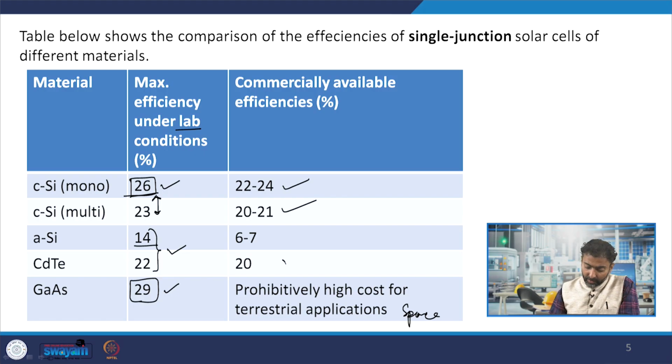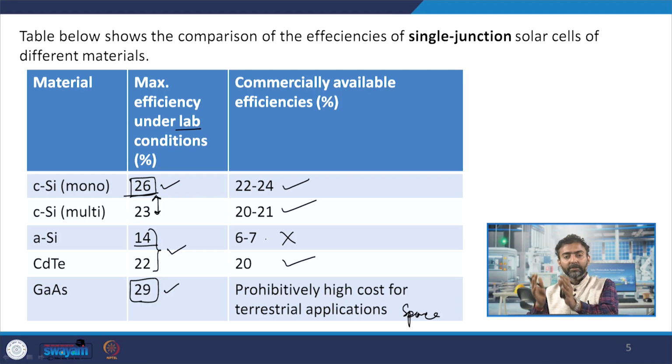Cadmium telluride also has some niche terrestrial applications, whereas amorphous silicon has a prohibitively low efficiency, so it is not used practically. So, that is a little bit about how to look at the absorption coefficient in the broader context. The absorption coefficient is just one factor. Along with that, you have to look at the band gap, and the usability of the absorbed photons is also important to the overall efficiency of the solar cell.